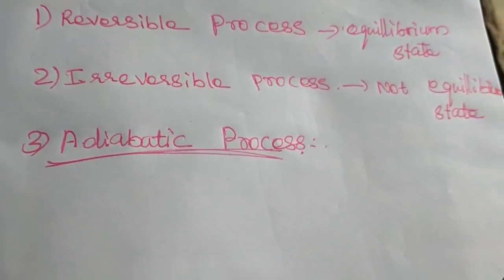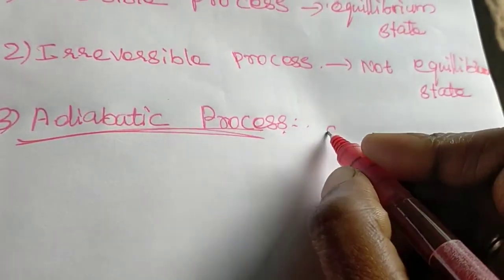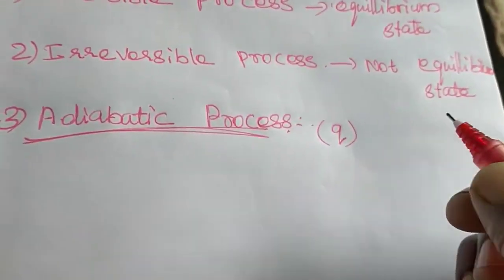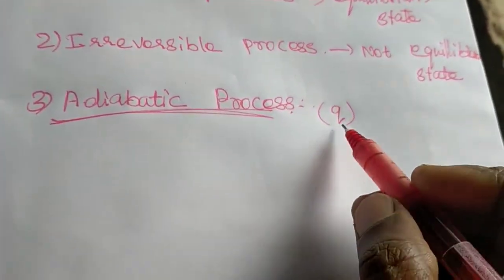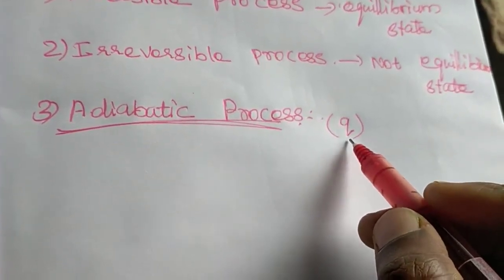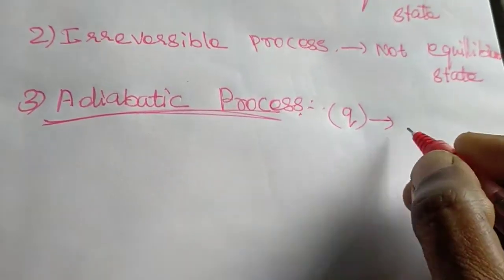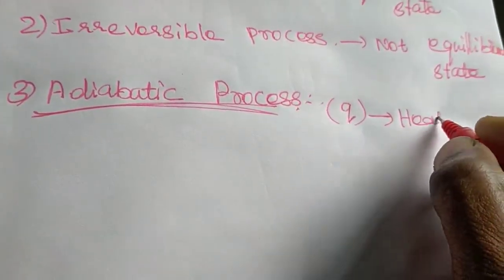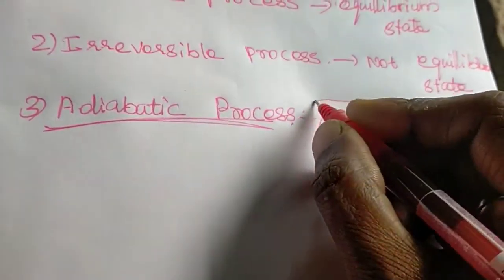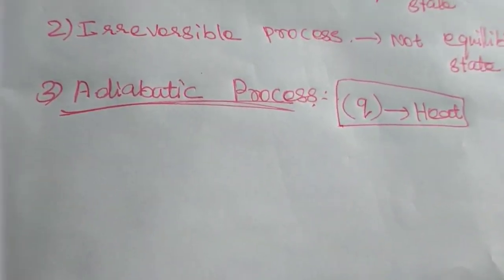In the adiabatic process, we will take one term, Q. Q means what? In this chapter we will denote Q as heat. You have to remember Q means heat.